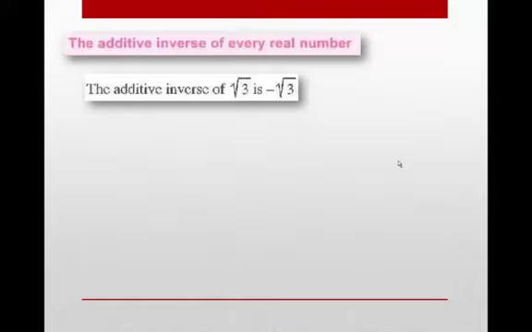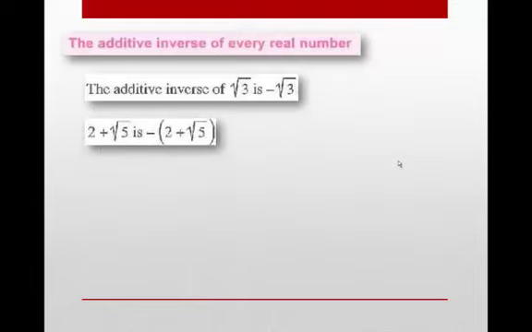When we add root 3 plus negative root 3, it equals 0. The additive inverse of 2 plus root 5 is negative 2 and negative root 5.